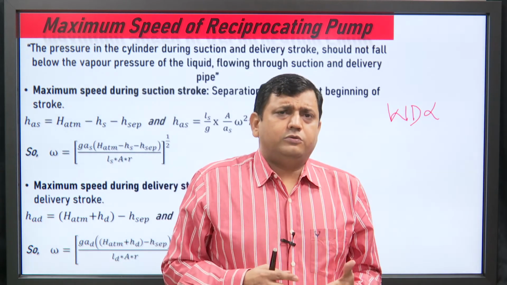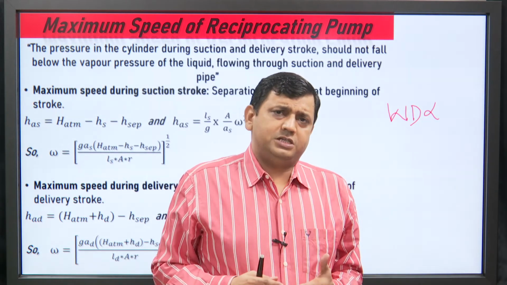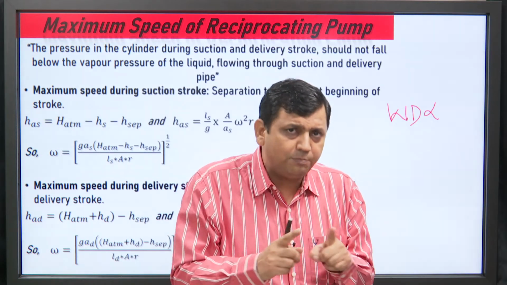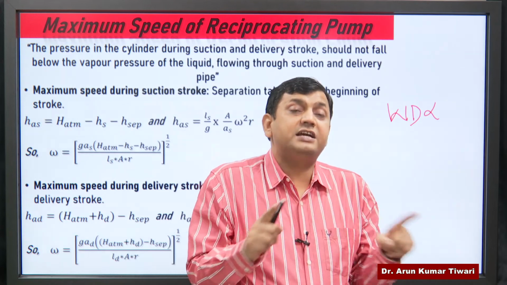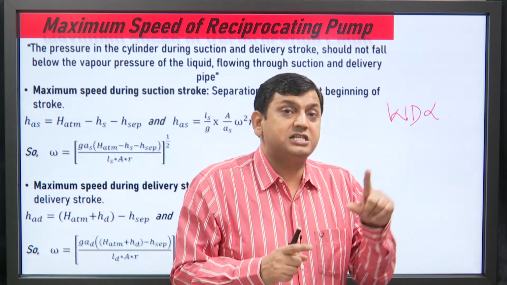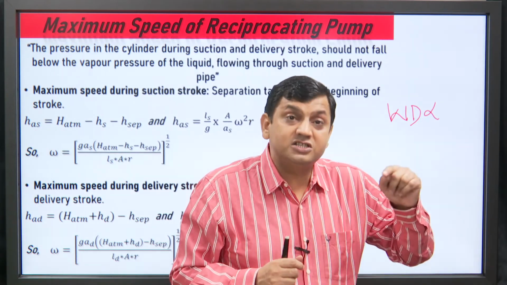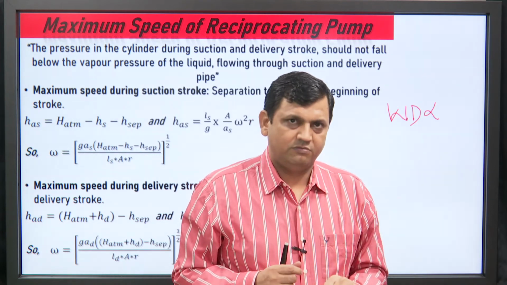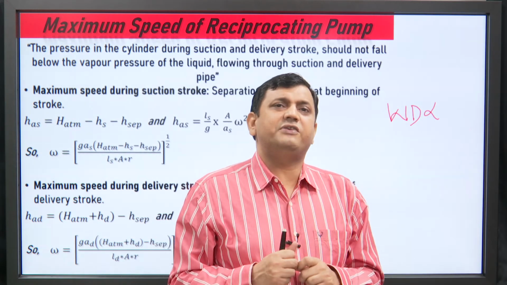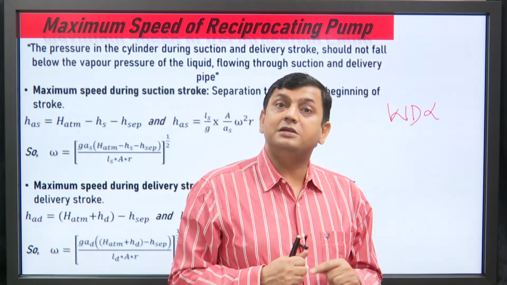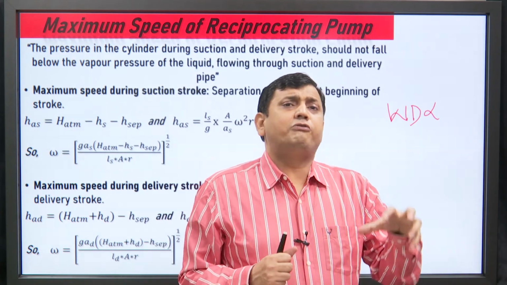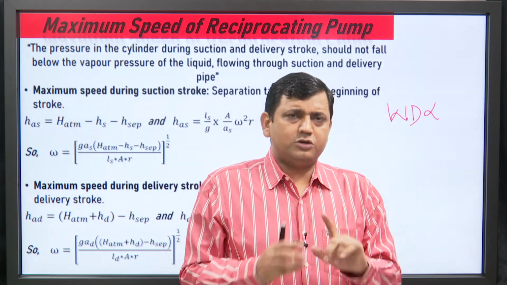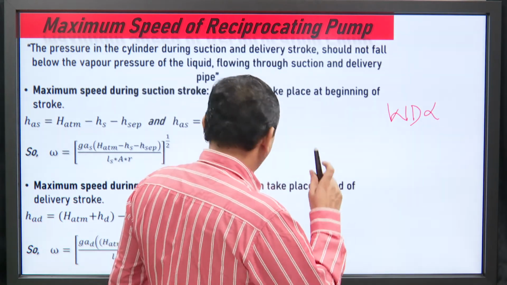In the reciprocating pump, with the help of the indicator diagram or the combined effect of acceleration and friction, we can see where the chances of cavitation are, that is, where the pressure goes below the vapor pressure, where the pressure is minimal.